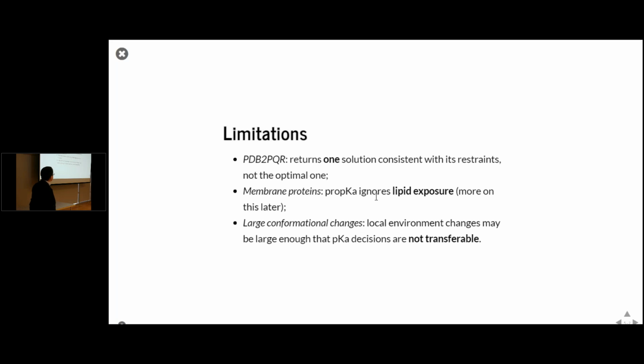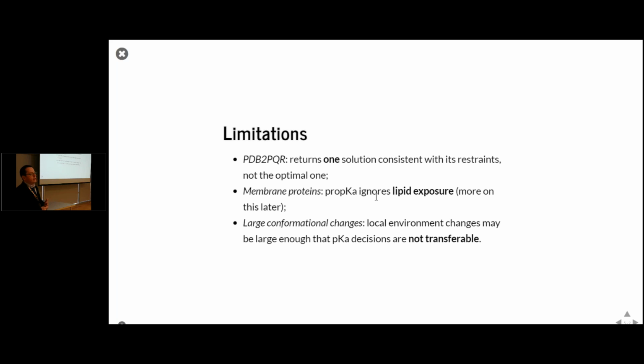And another problem is, if we assign the protonation considering a structure which is going to undergo large structural changes, then you may be making wrong decisions. In traditional MD, when conformational changes were small, this was not a problem.